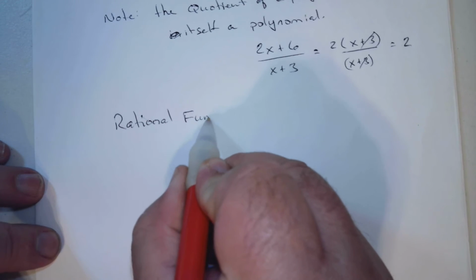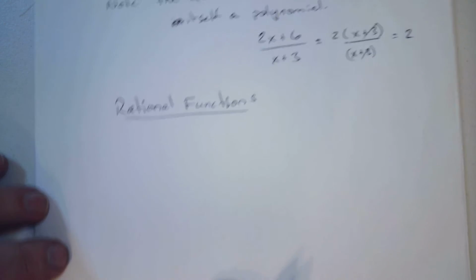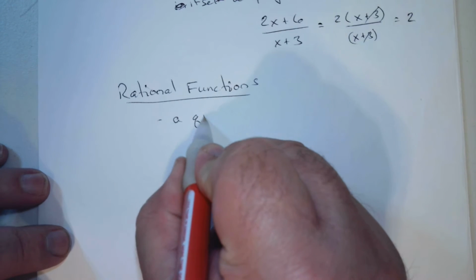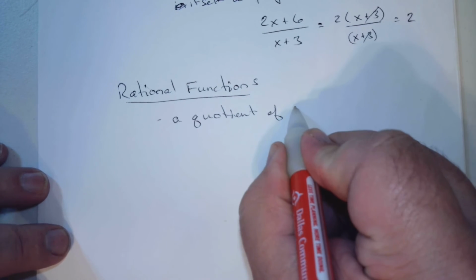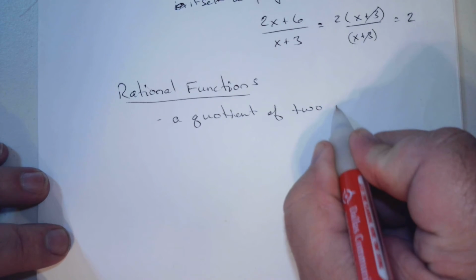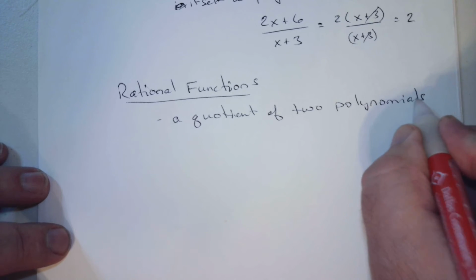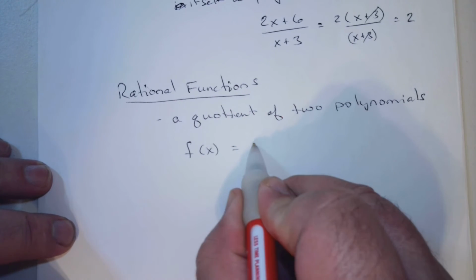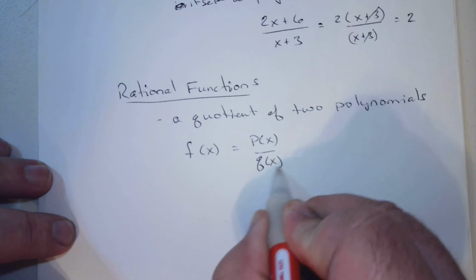Rational functions. Let's talk about those. A quotient of two polynomials looks like this. We have a function, so we have one polynomial divided by another.